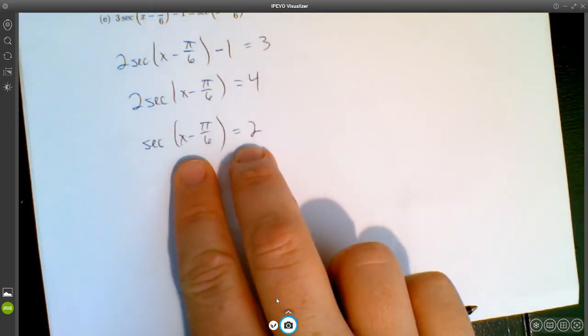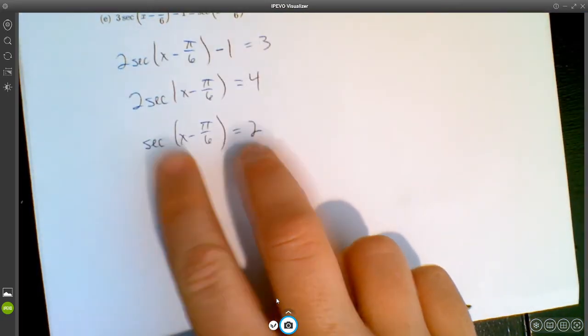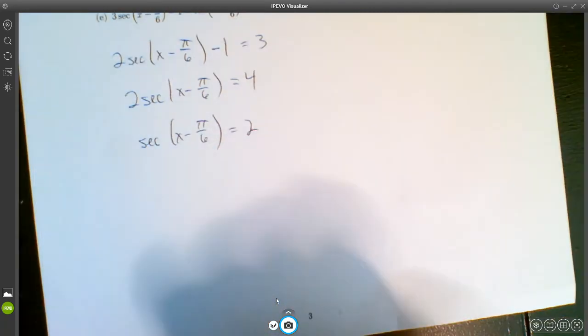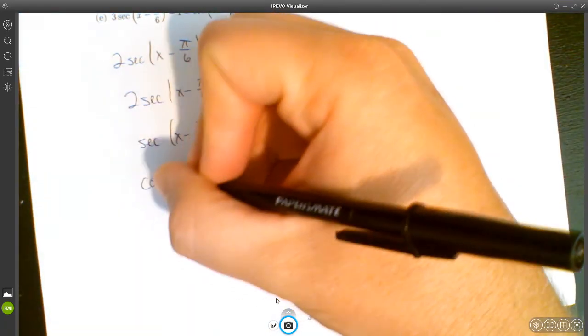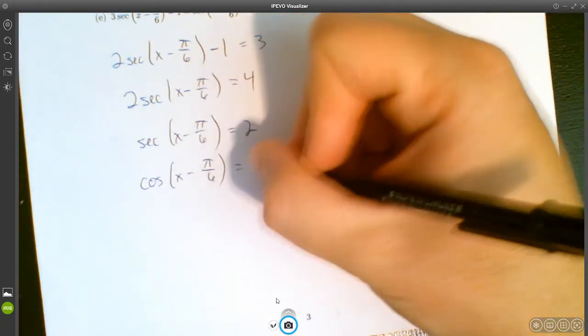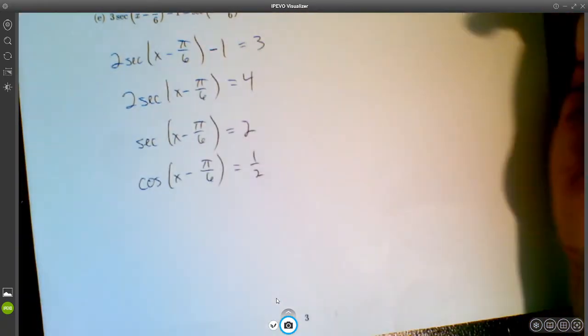Now it's looking much better, right? Now it's looking like the format we like. Trig function of something equals some number, right? That's the format that we're going for. I can change this one into cosine, right? I can say cosine of x minus pi over 6 equals 1/2, right? Reciprocal identity.